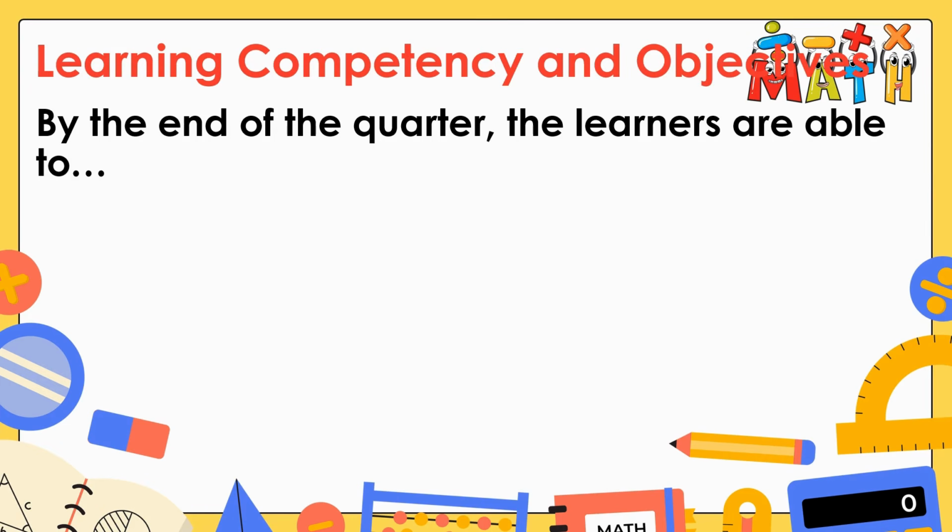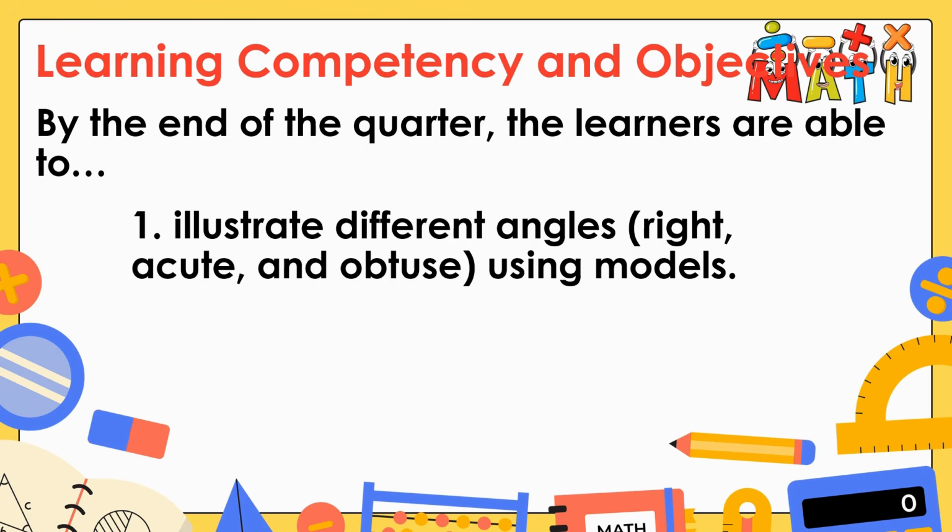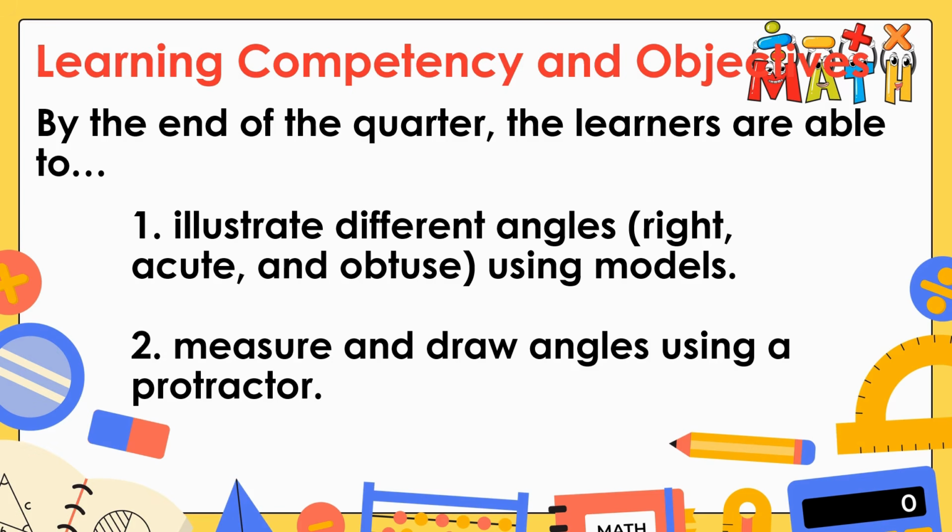For our learning competency and objectives, by the end of the quarter, the learners are able to: first, illustrate different angles, right, acute, and obtuse, using models. Second, measure and draw angles using a protractor.